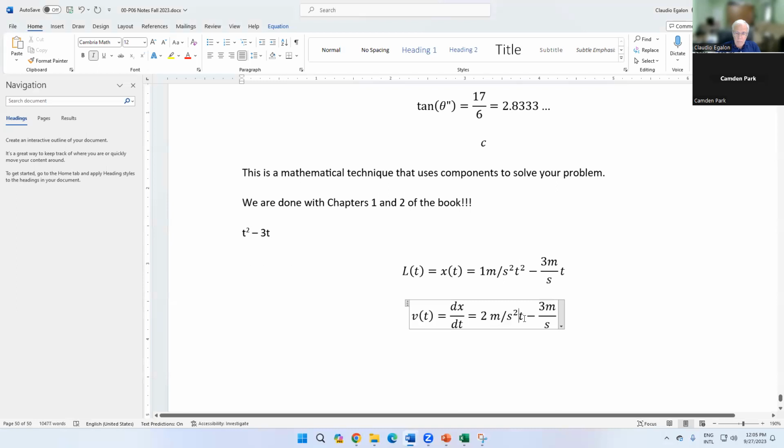Then how do you solve this problem without knowing calculus? Without knowing calculus, there's some limiting that you can do. Let's see.